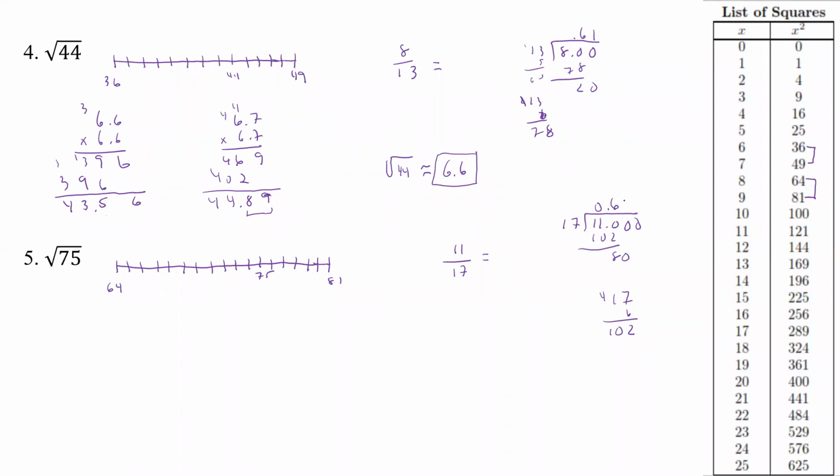And so that's going to be probably 17 times 4 is 28. That's going to be 68. Another 17. That's going to be 85. That's too big. So it looks to be 0.64. It might be probably a 0.6 to the nearest tenth.